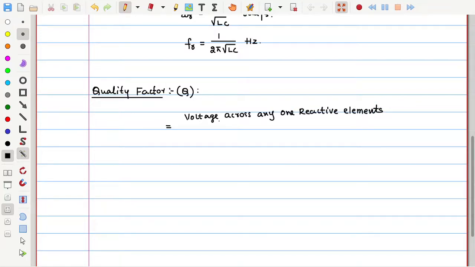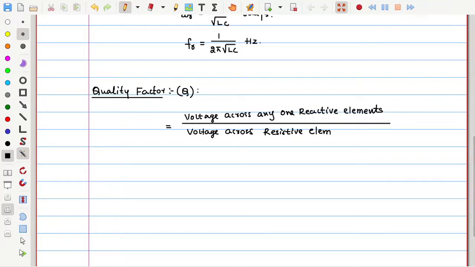So we can take either the inductor voltage or the capacitor voltage, in ratio to the voltage across the resistive element, for a series circuit.